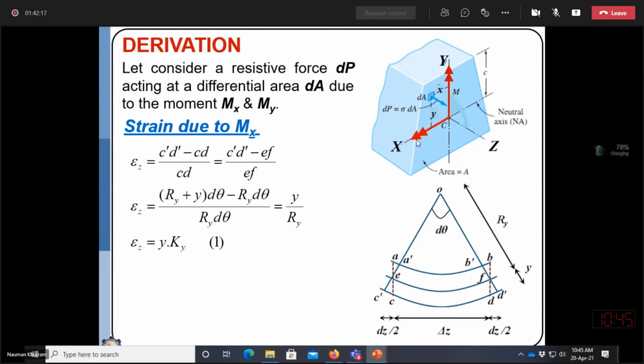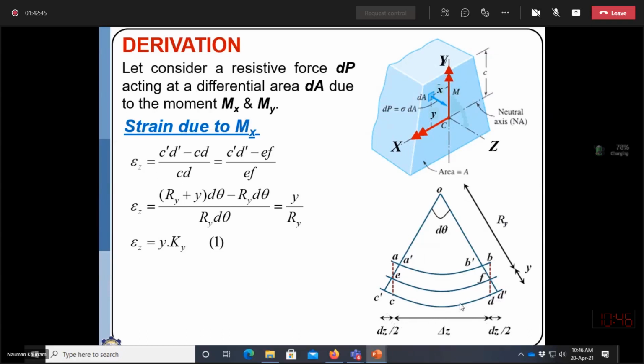By using the right hand rule, if you place the thumb of your right hand in the direction of the moment, your finger direction is upward and the wrist direction is on the bottom. It means that tension will be on the bottom surface and compression will be at the top surface. So if we want to determine the total strain at the bottom surface, we can determine it by this formula.